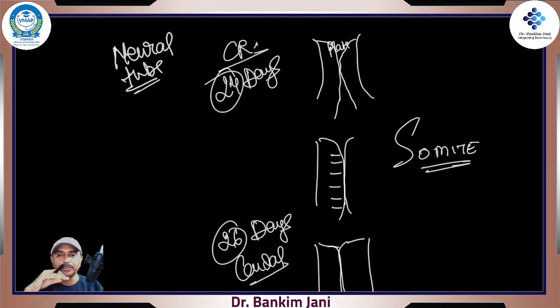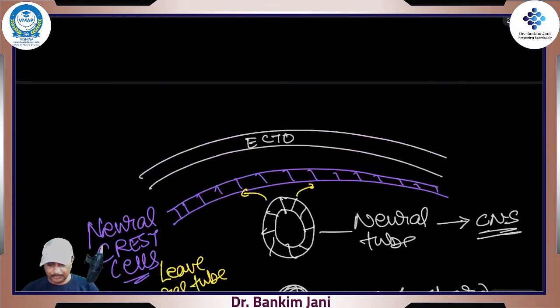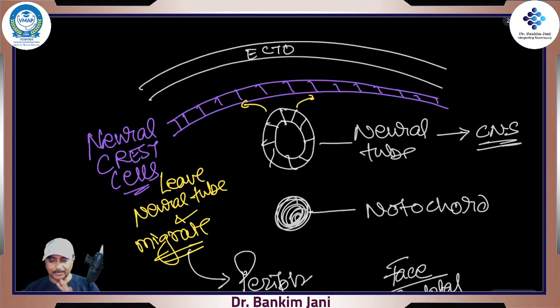Then there'll be neural tube, and then just underneath is notochord, and finally the endoderm. So this would be our final stage, right? So we stop at this point. Tomorrow we'll be starting our journey from this point onwards, right?